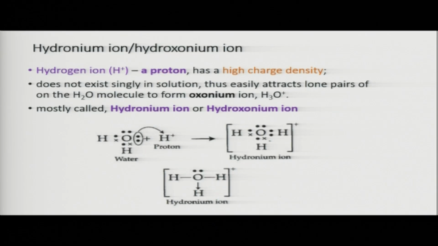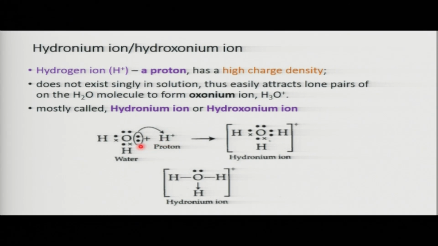Being a proton, the ion of hydrogen exerts a high charge density, +1 over the size of the hydrogen ion, which is around 0.00 something. So you end up having a unit 1. Being highly charged, it attracts the lone pairs of oxygen in the water. Remember, it exists when it is in solution.